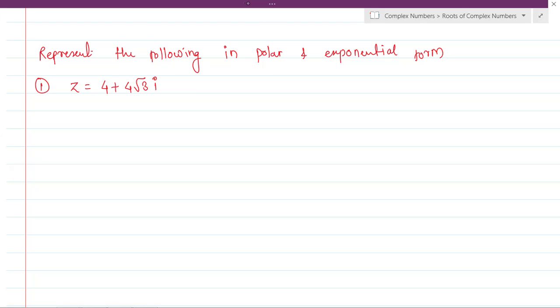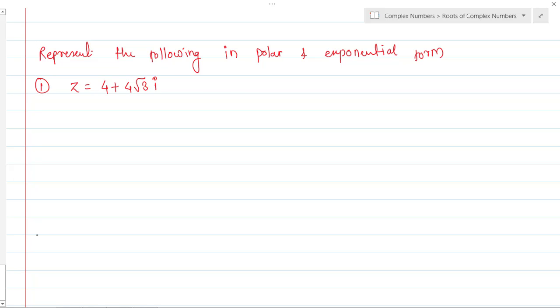So tell me what type of representation it is, whether it is standard, polar or exponential. Standard. It is the standard because I can see simply that this is a plus bi form. So from this, what is the value of a? It is nothing but 4. And what is b?